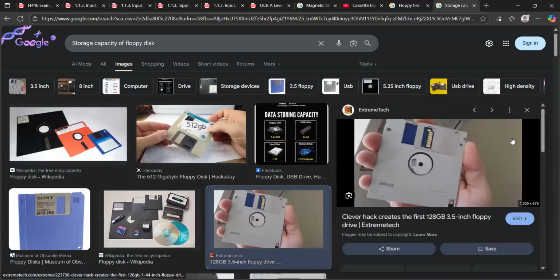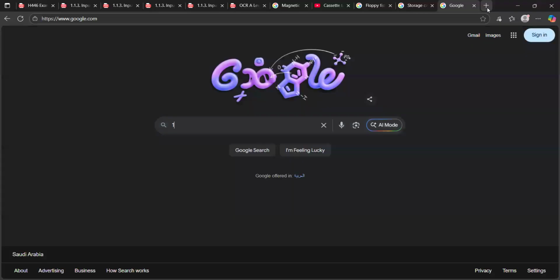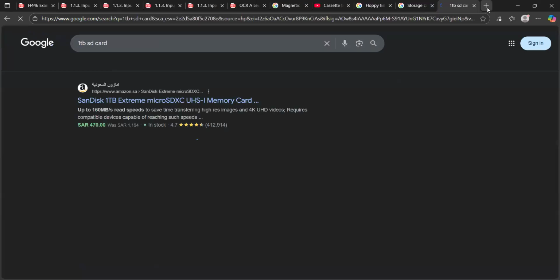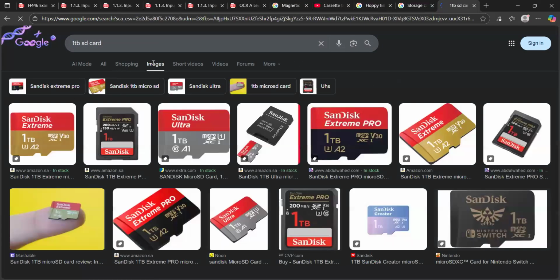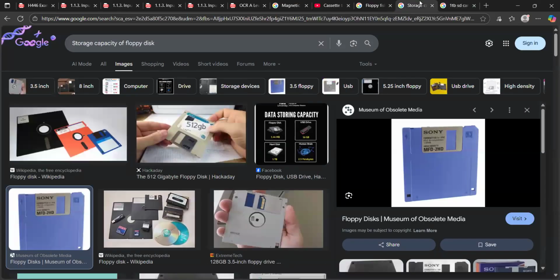And look at the size of this floppy disk. That means you can store data of 1.44 MB. And these days, look at the size of this, which is going to store 1 terabyte of data. Isn't it amazing?